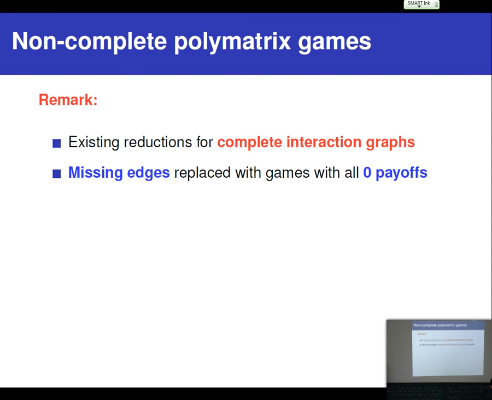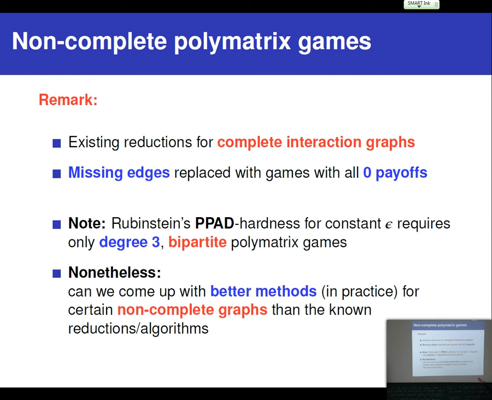Okay, so one remark is that existing reductions like this essentially assume complete interaction graphs. If we were missing some edges, then we would just fill these in with zero payoffs. It's worth noting Aviad's result, that I'll talk a bit more about later, actually produces games that are degree 3 and bipartite, right?